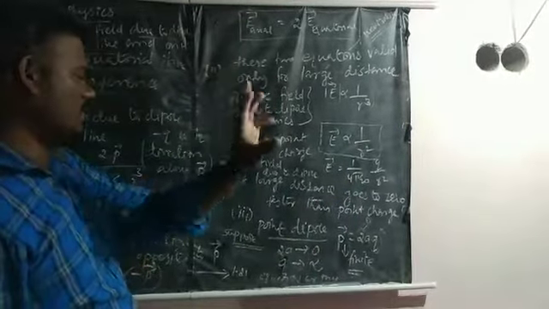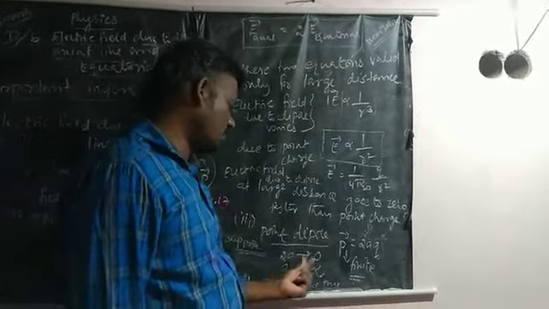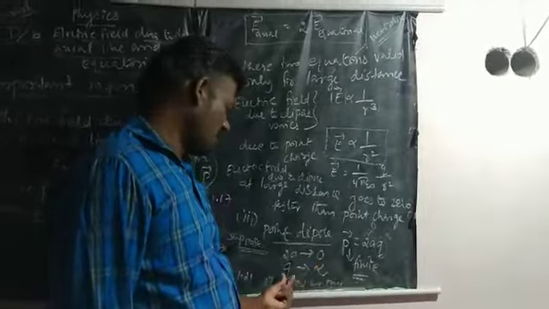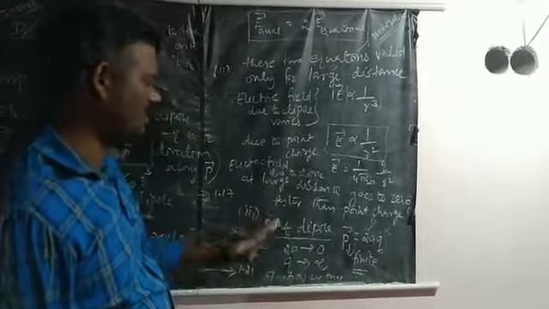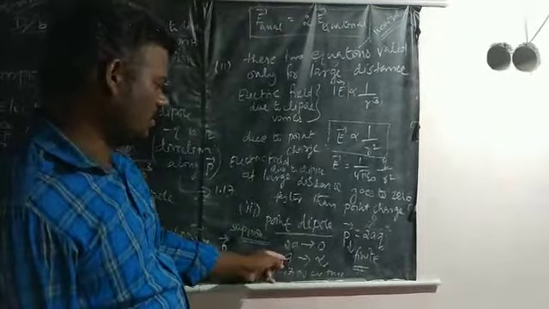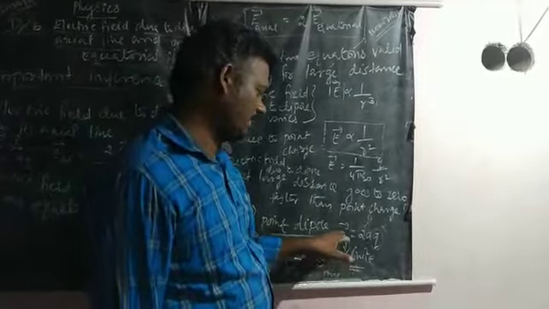Because at a very large distance, if you look at the dipole, -q and +q appear as if they are combined into one. So the distance of separation 2A becomes 0, then the magnitude of charge becomes infinity. Suppose we consider 2A becomes 0 and Q becomes infinity, then the dipole moment P is a finite value.